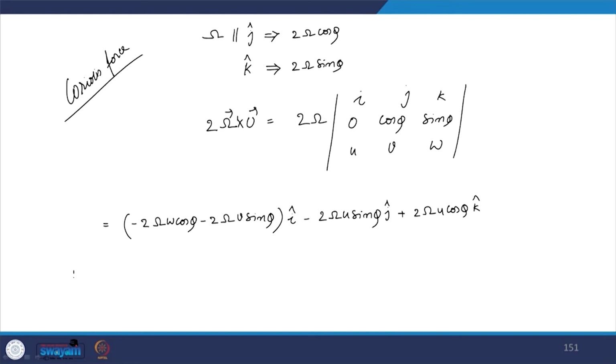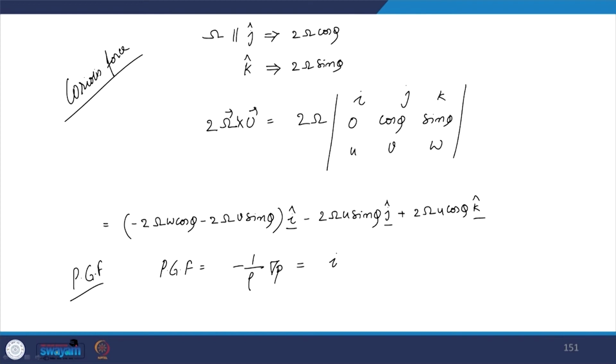Now, let us look at the pressure gradient force. Ultimately I am getting the unit vectors out, so that I can compare all the multiples of unit vectors on the left hand side and the right hand side. The pressure gradient force is simply minus 1 by rho del P. Luckily, this is already in an easily identifiable vector form.